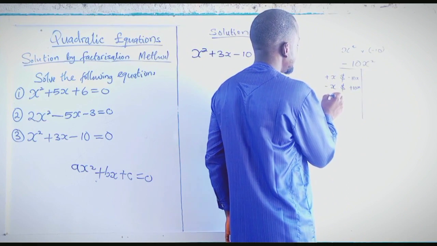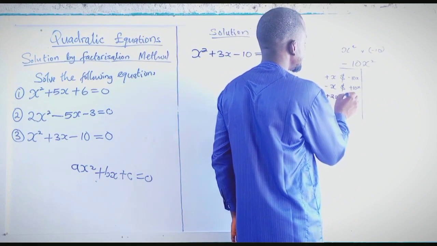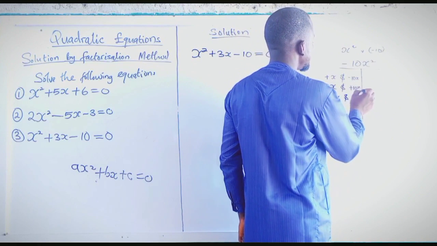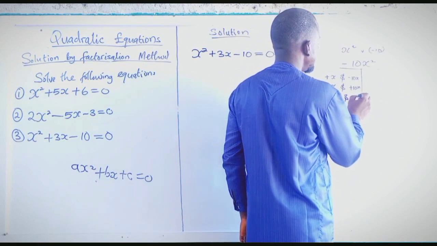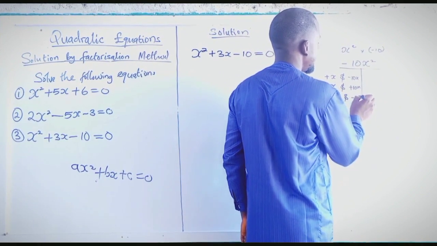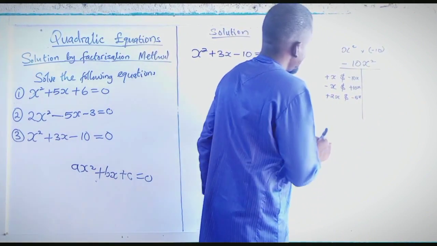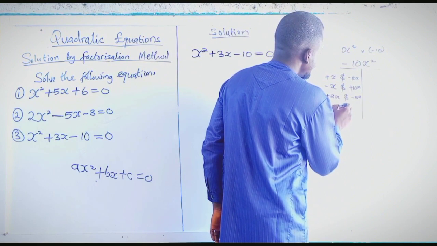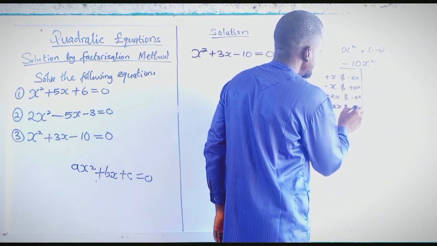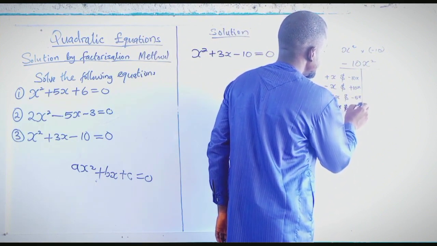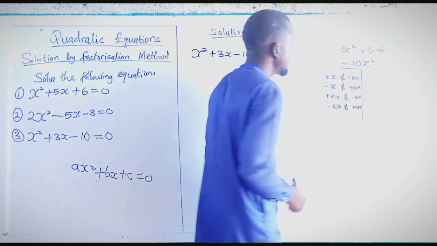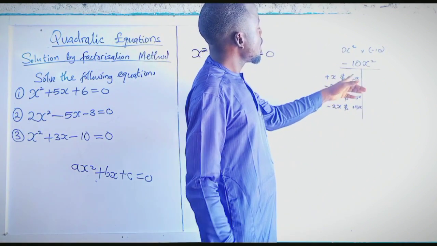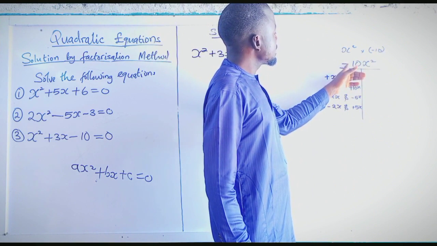Another one is plus 2x and minus 5x. Another one is minus 2x and plus 5x. So these are the factors of minus 10x squared.